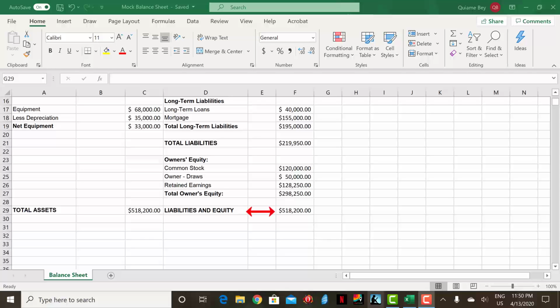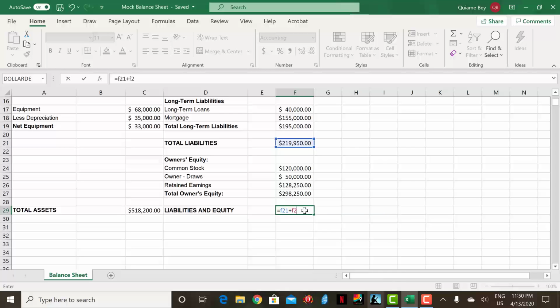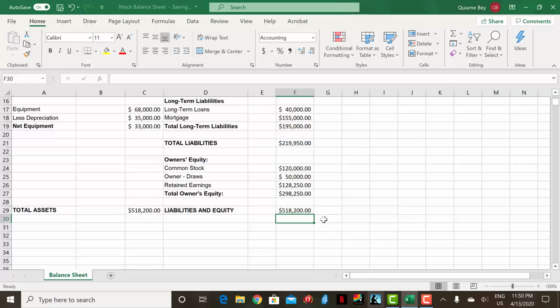Now, to find liabilities and owner's equity, we will calculate total liabilities and total owner's equity. So, in cell F29, we will insert the formula equals F21 plus F27. Which should give us the value of $518,200. So, according to this balance sheet, assets does equal liabilities plus owner's equity.